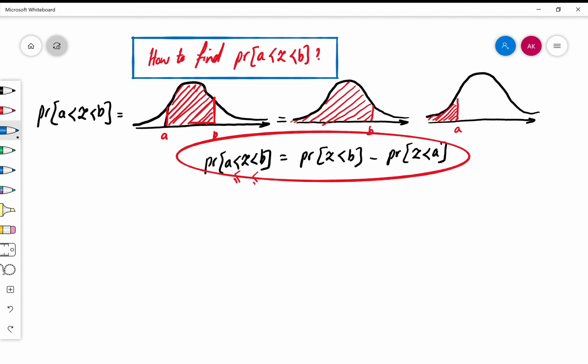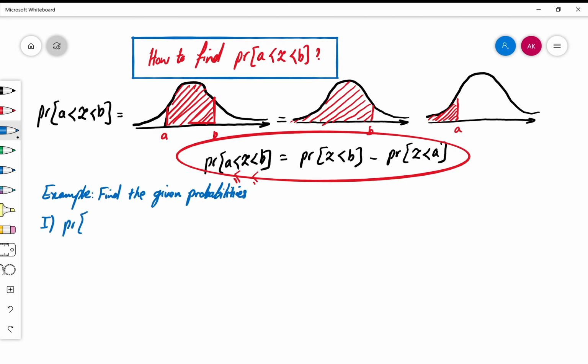Let's do some examples here. Find the given probabilities. I have a couple of examples here.